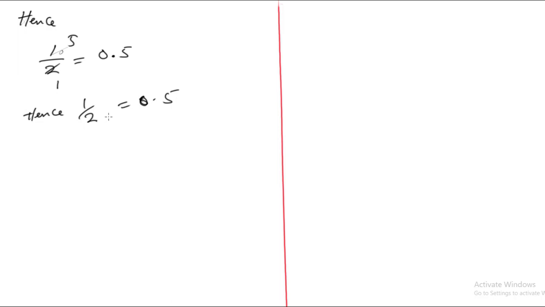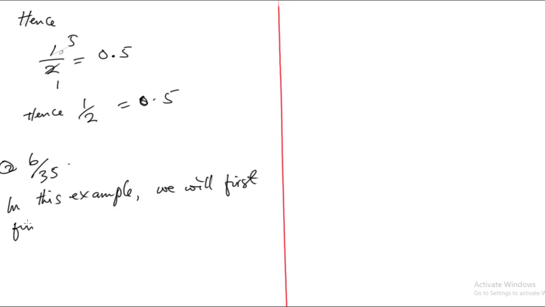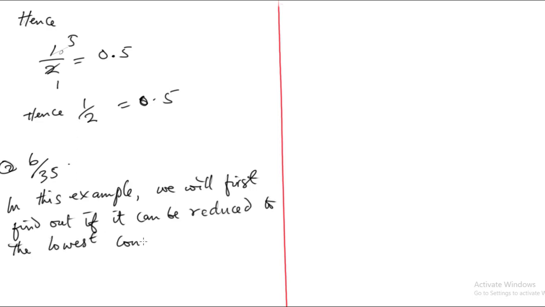But this is a very simple case. We are going to take a look at a more serious case and see how we are going to break it down. So let's take 6 over 35. When you see fractions like this, first you try to see if you can break it down if the values are big, which is called reducing it to the lowest terms.